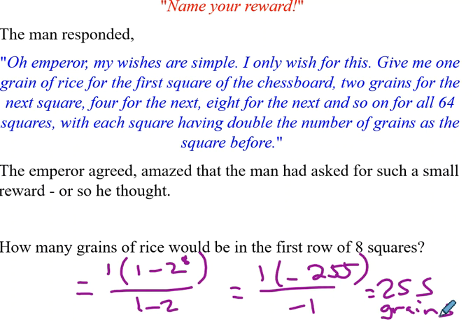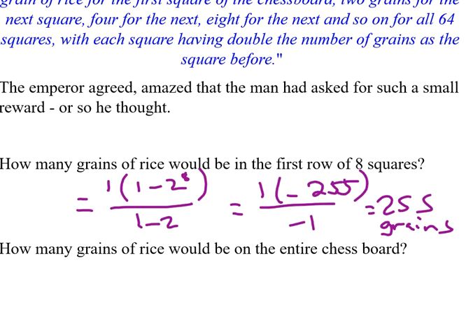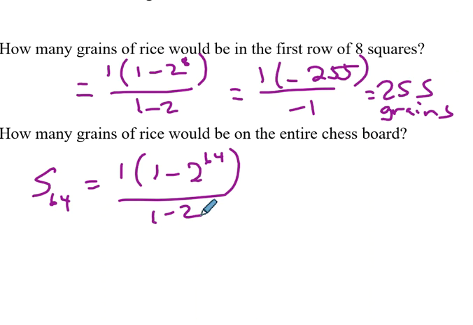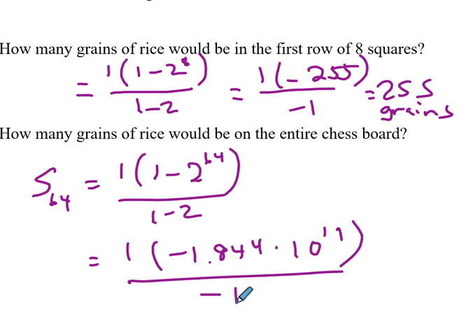Now, the follow-up question is, how many are on the entire chessboard? Well, instead of just the first 8 squares, I want the sum of 64 squares total. 1 minus 2 to the 64th. And so 1 minus 2 to the 64th, however, is negative 1.844 times 10 to the 19th, over negative 1.